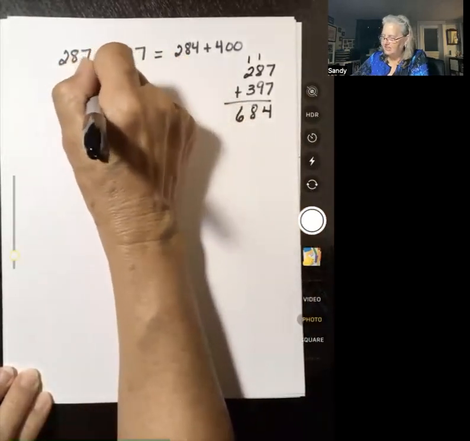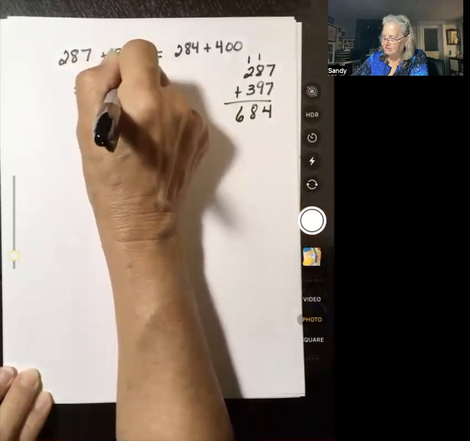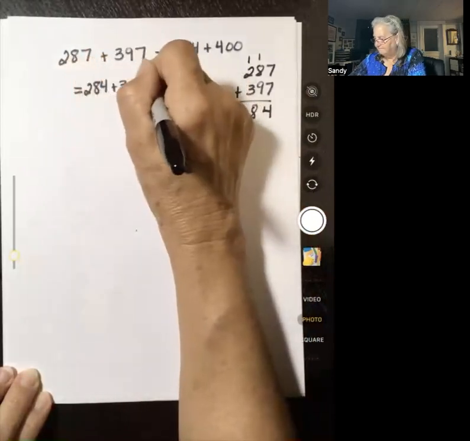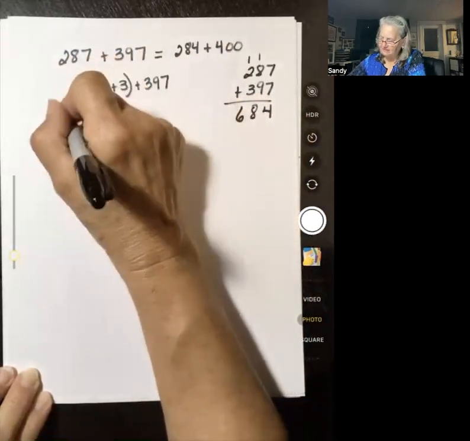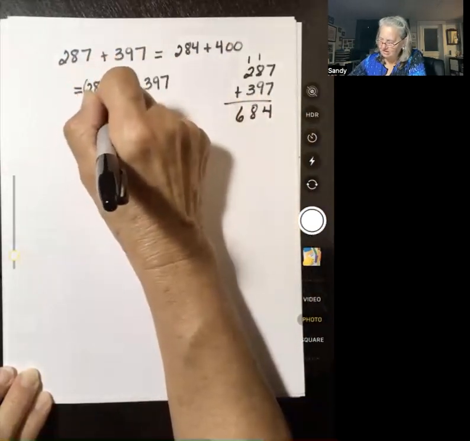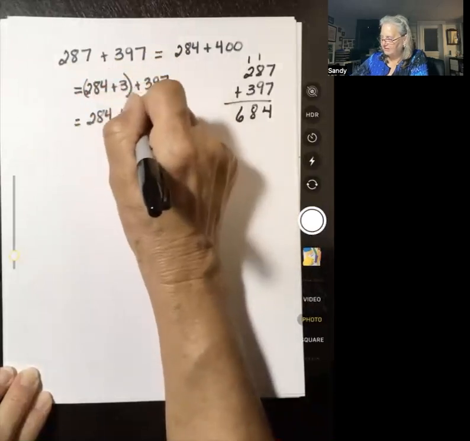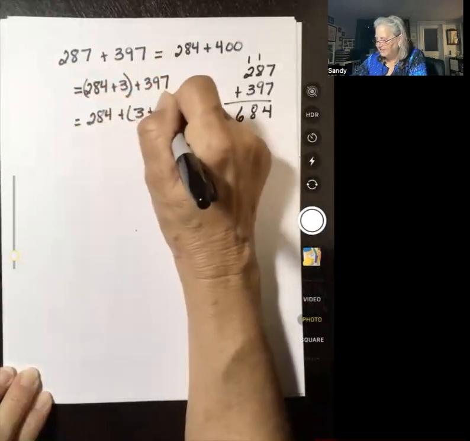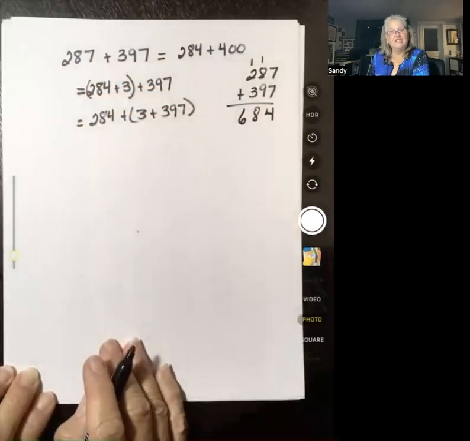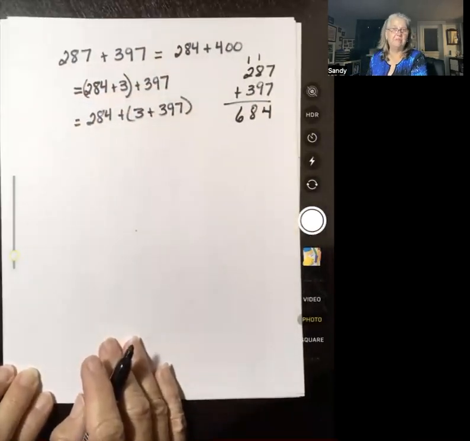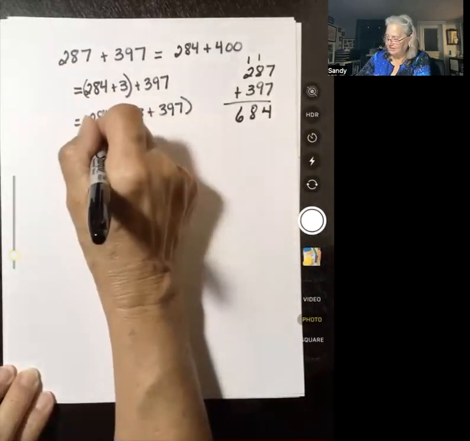Well, I can think of it as 284 plus 3. And instead of associating the 3 with the 284, I'm going to associate the 3 with the 397. It's not a trick that we're doing. It's using the associative property. It's an algebraic property that allows this to work.